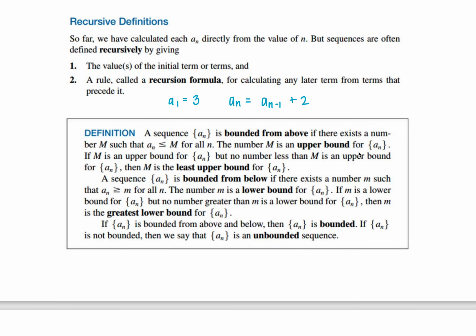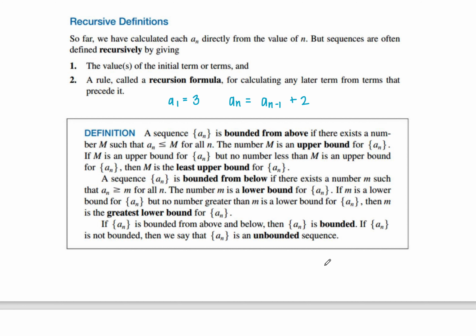Beneath that definition, I've got the definition of sequences that are bounded. If there is a number such that the sequence values are all less than that number, we call that number an upper bound. The smallest of the upper bounds is called a least upper bound.